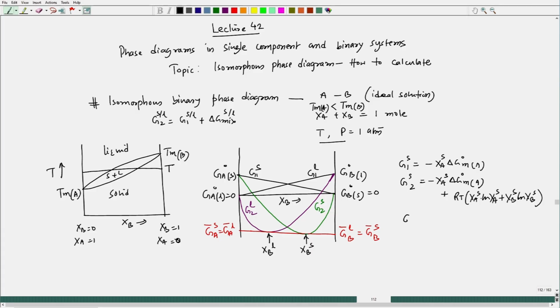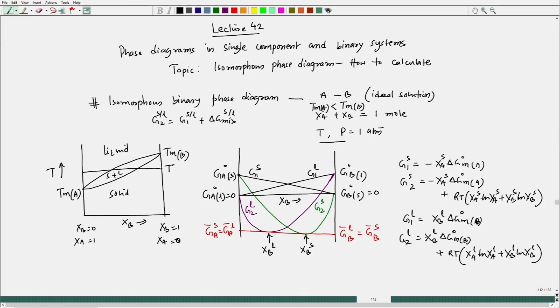Similarly, G1 liquid would be equal to XB liquid delta G naught M A B, G2 liquid would be equal to XB liquid plus RT, XA liquid ln XA liquid plus XB liquid ln XB liquid. Okay, these four formulas we have derived.